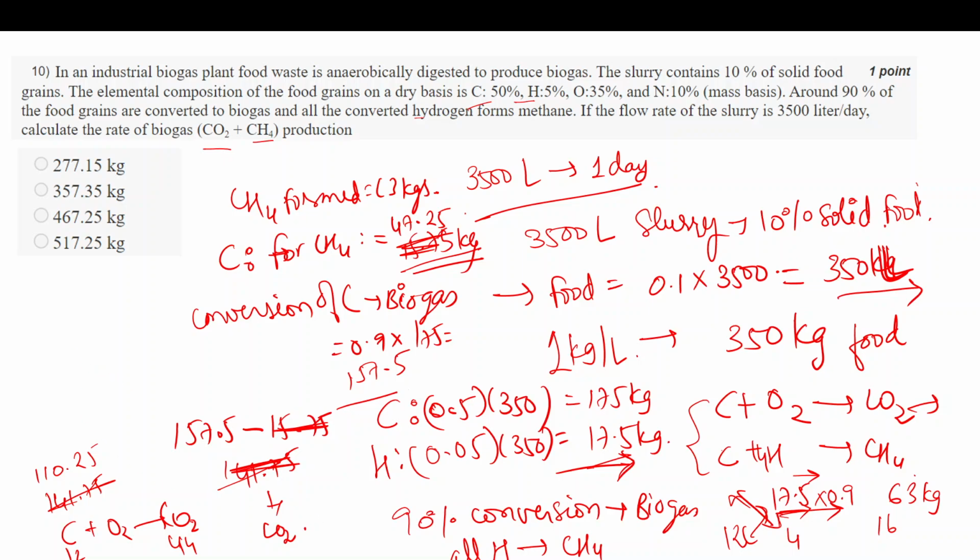That is 404.25 kg of carbon dioxide formed. So the total biogas is the addition of carbon dioxide formed and methane formed: 404.25 plus 63 is 467.25. So C is the correct answer.